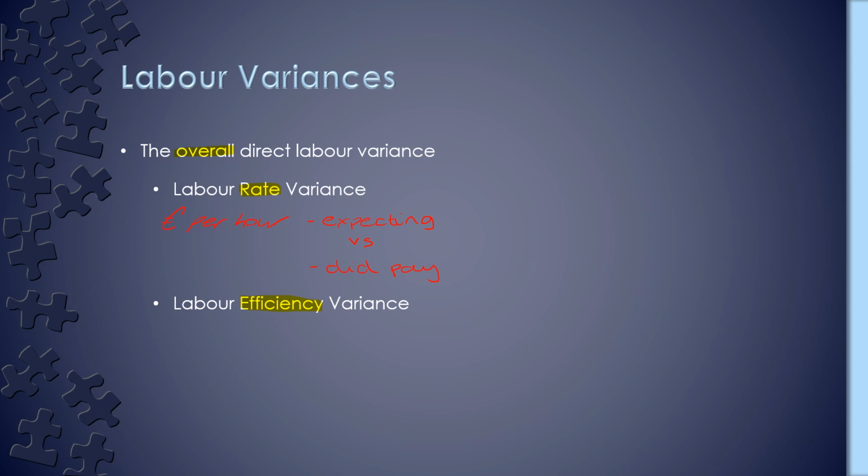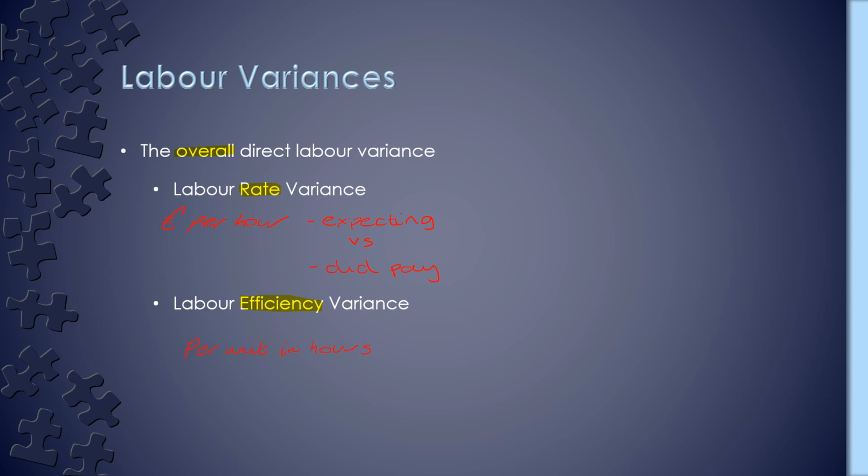Then your labour efficiency variance, that's going to all be about how long it takes you to produce your product. Okay, so your budget is going to say that it's going to take a certain number of hours to produce so many units, so therefore you're going to have a per unit measurement in hours.